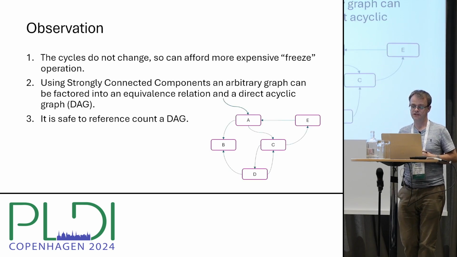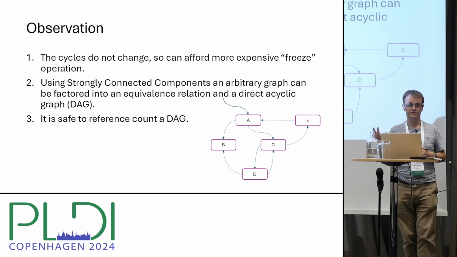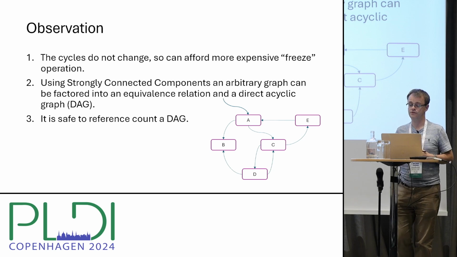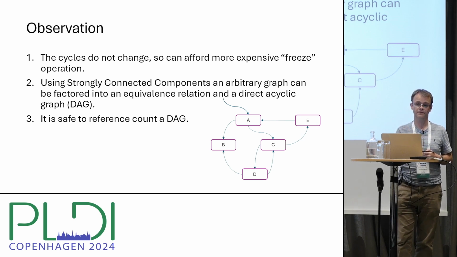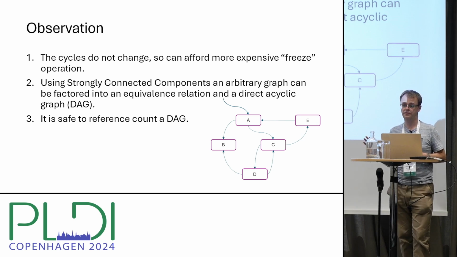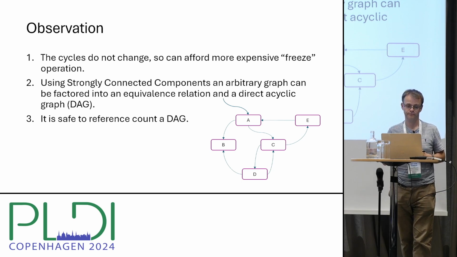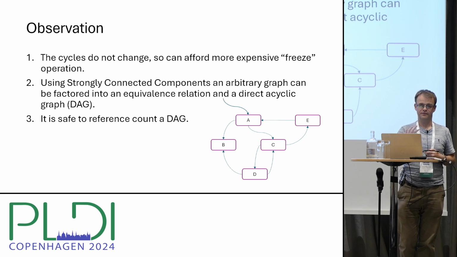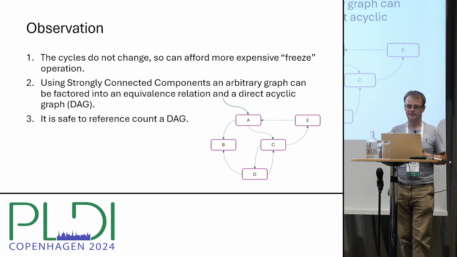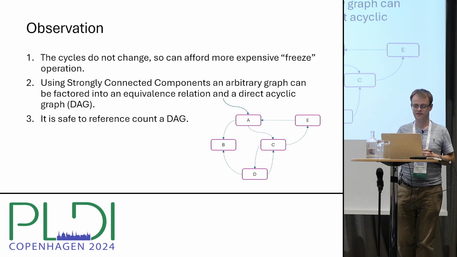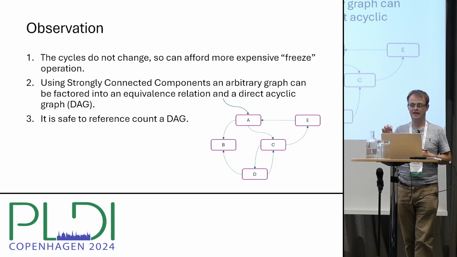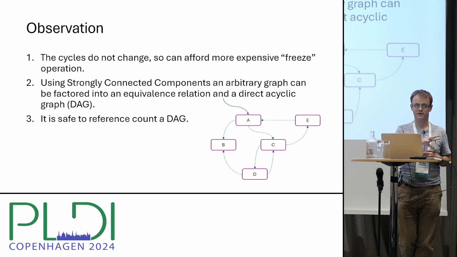The observation is that if we have deeply immutable data structures, then the cycles do not change. So we might be able to afford a slightly more expensive operation up front. For those of you who remember your undergraduate data structures and algorithms, strongly connected components are a nice way of factoring an arbitrary graph into an equivalence relation and a DAG.